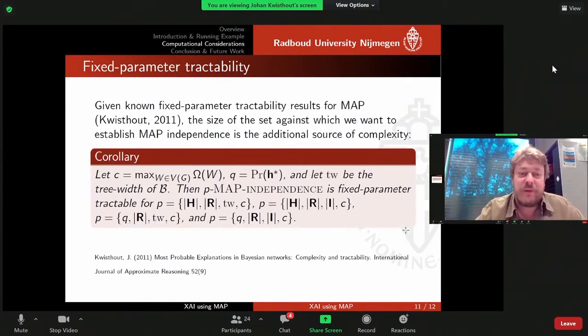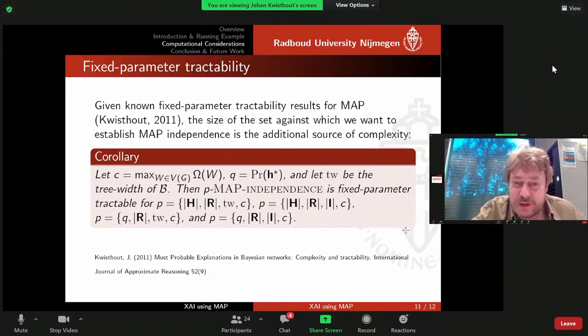So if you look at fixed parameter tractability, at the constraints you need to impose on instances to make this tractable, knowing the results for the MAP problem itself: MAP is tractable if, for example, the treewidth is bounded, if the cardinality of the variables is bounded, and either the number of hypotheses and the number of intermediate variables is small, or the probability of the best explanation is high.